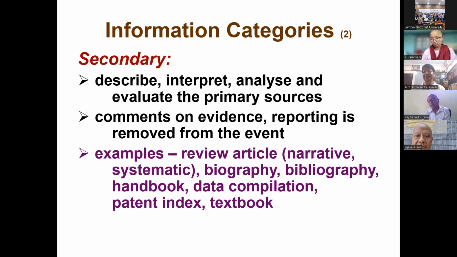Documents analyzed and interpreted on the basis of literature are called the literalist method. When archaeological documents or inscriptions are analyzed, it is called the historical method. Here the comments on evidence and reporting are removed from the event.